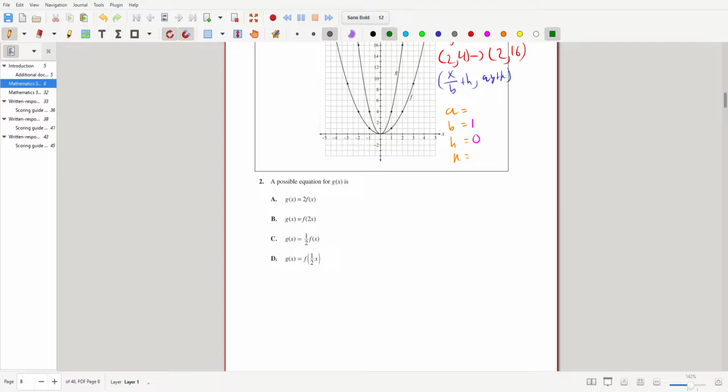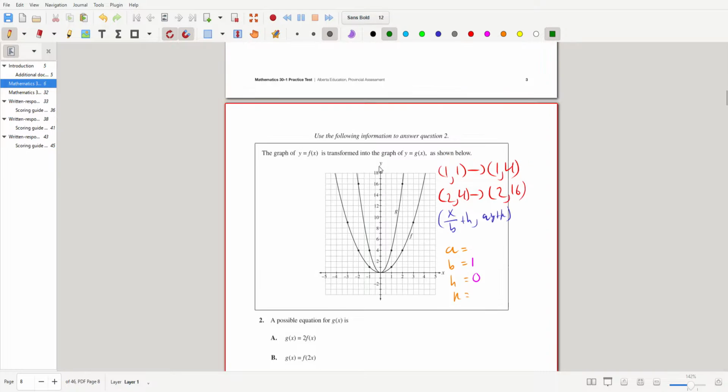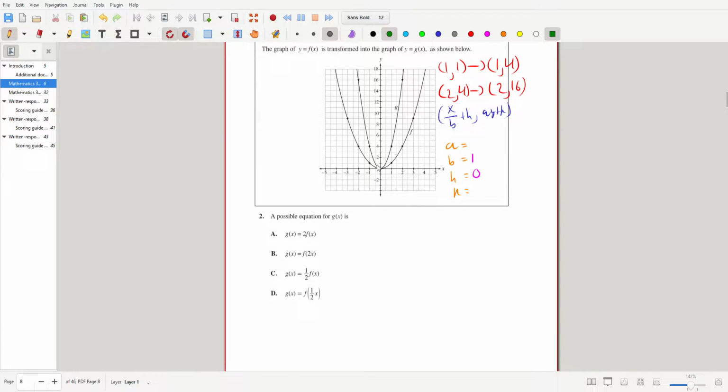The y would be here, or I mean here, sorry. So a times 1 plus k equals 4.